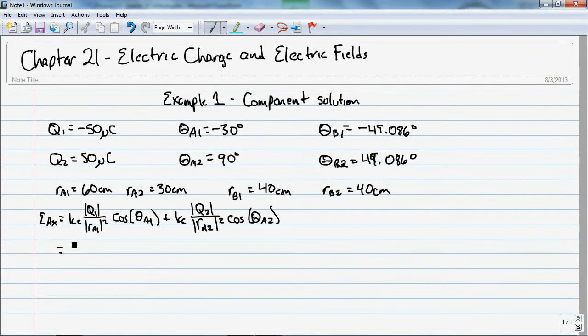And k is 9 times 10 to the 9th newton meter squared per coulomb squared.